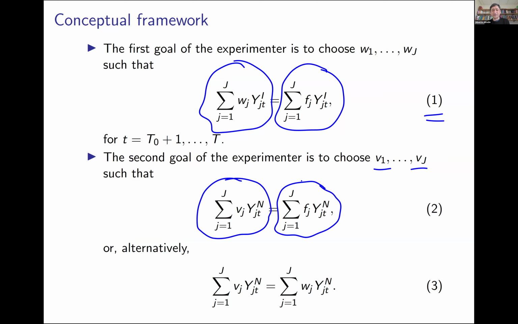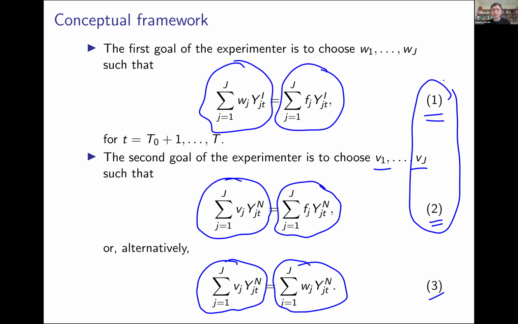But an alternative is the following. Perhaps we want to choose the average outcome of the synthetic control such that it reproduces the average outcome of the treated without the intervention, W weighted. So we have 1 and 2 or 3. So we are going to see that either we want these 2 or we want this one.